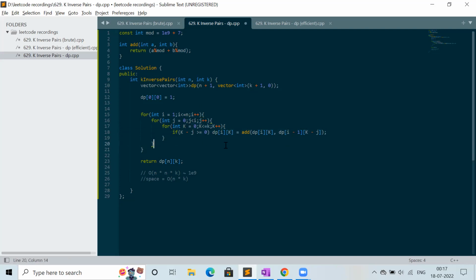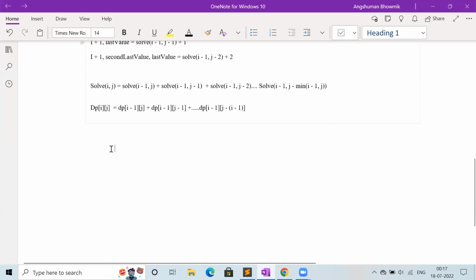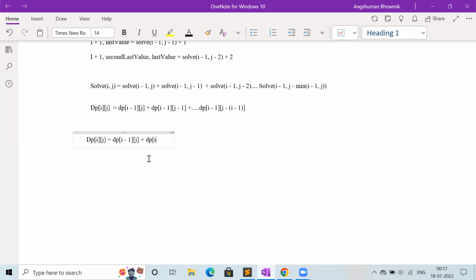If we clearly observe this simple mathematical formula, let's say dp of i and j, the one that we wrote there, is equal to dp of i minus 1 j plus dp of i minus 1 j minus 1 plus up till dp of i minus 1 j minus i minus 1.